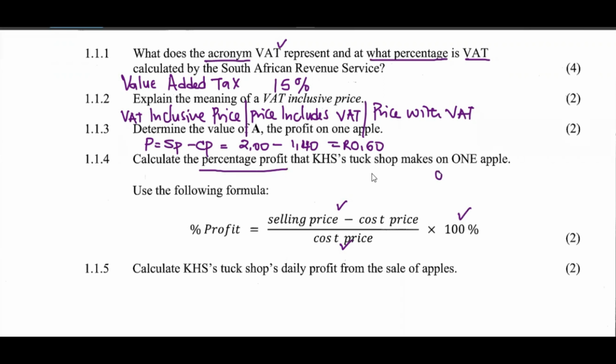I'll say 0.6 divided by the cost price, which is 1 rand 40 cents, times 100. I don't want to repeat this because this is the profit, I already have it here. All right, I'll substitute into the formula.